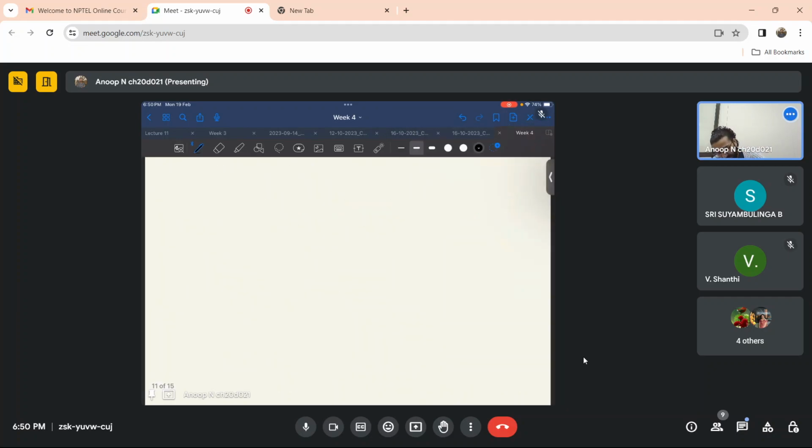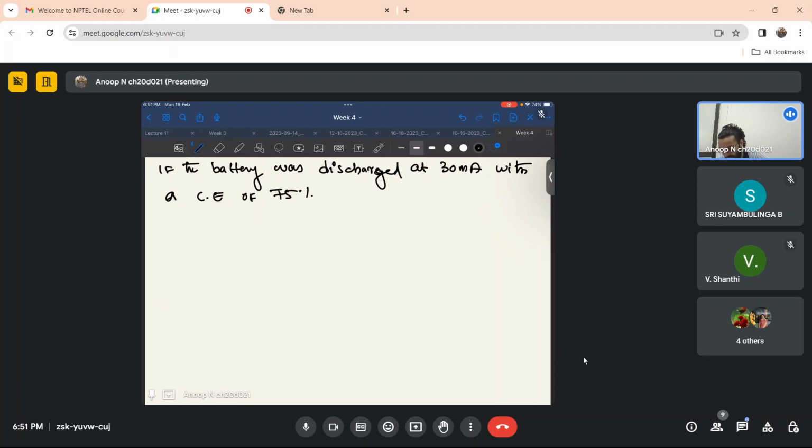Same question: if the battery was discharged at 30 milliampere with a coulombic efficiency of 75%, how long would it have lasted?